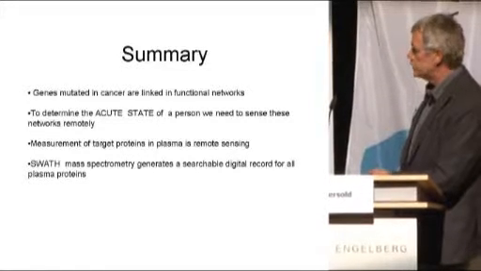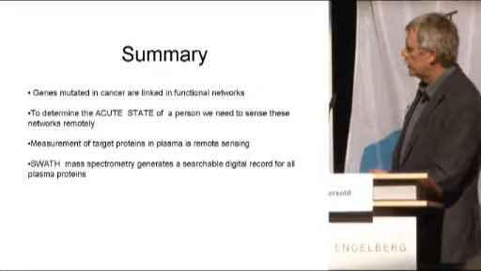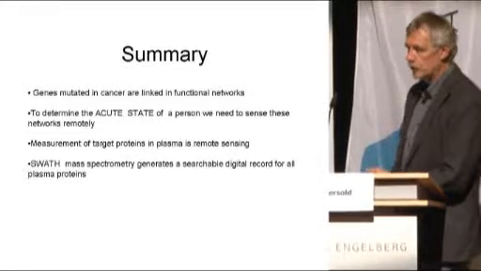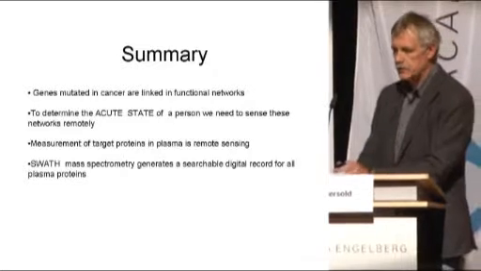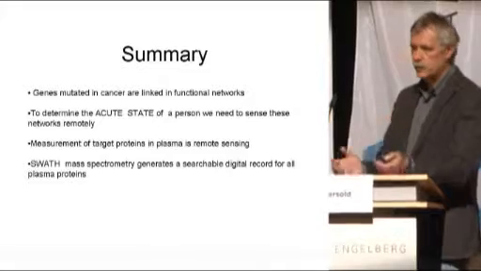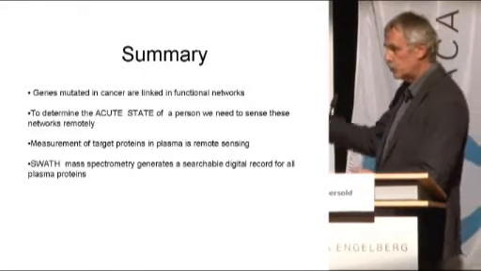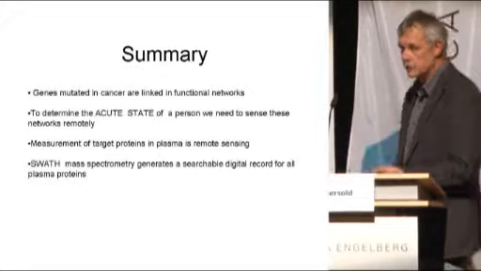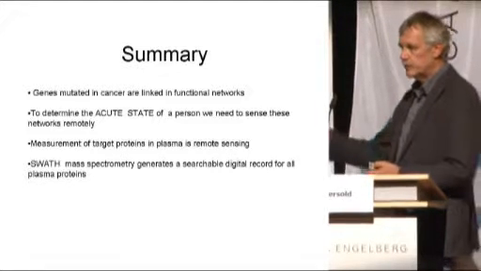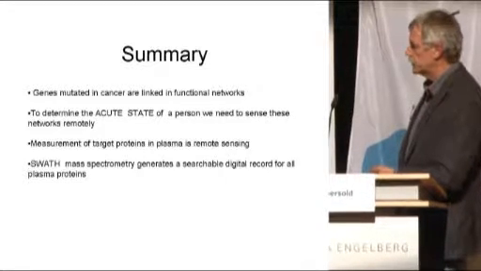Okay, so to summarize so far: we assume that genes mutated in cancer are linked into functional networks. We're not necessarily interested in a single protein to look for a change, but we look for networks and the footprint they leave in blood plasma. It could also be urine or saliva, something easily accessible so that we don't have to be invasive to go after the tissue, even if we knew which tissue we wanted to sample.